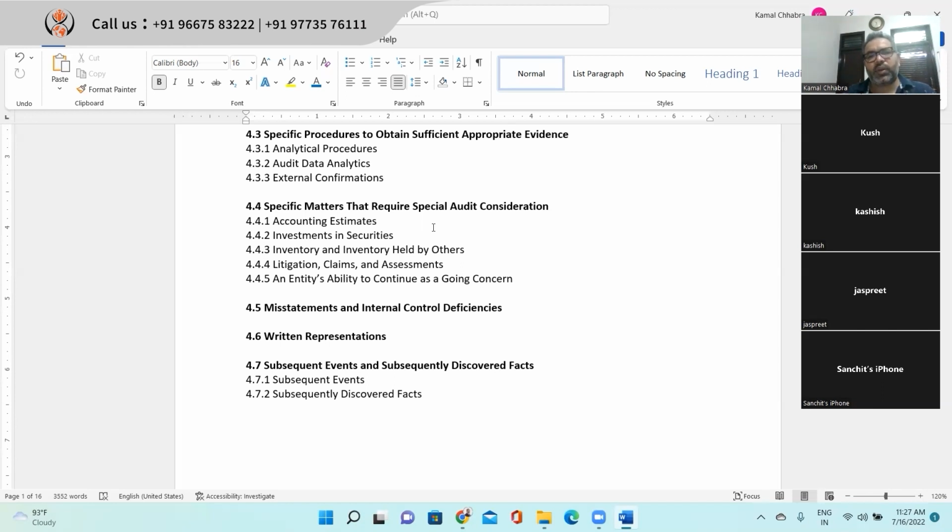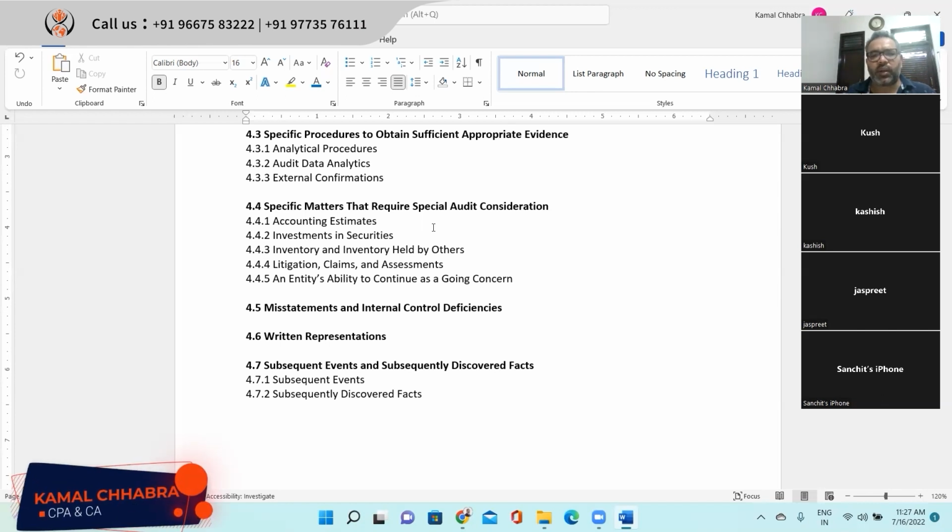So it can be a consumer case, a case from an employee, a union litigation matter, a case from a vendor, or claims and assessment from authorities. Those all come under litigation claims and assessment.